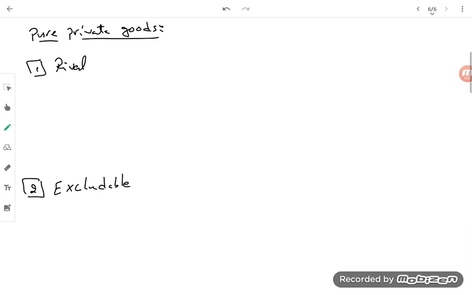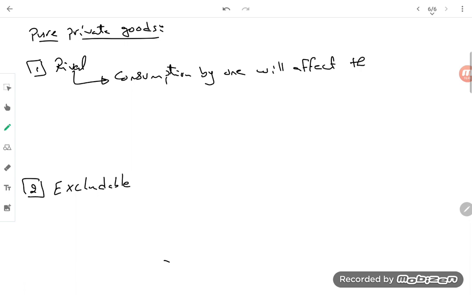Rival means consumption by one will affect the quantity available to others. And excludable means if you are not going to pay for this commodity, you can be excluded from consuming it.